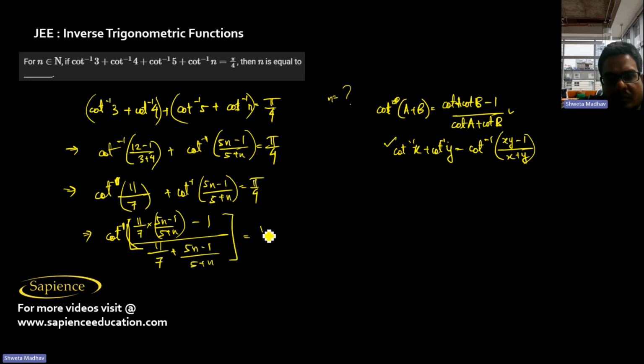Now that will be equal to pi by 4. So cot pi by 4 is equal to 1. So therefore 11 by 7 into 5n minus 1 by 5 plus n minus 1 will be equal to, so now cot pi by 4 will be 1 only, 11 by 7 plus 5n minus 1 by 5 plus n.